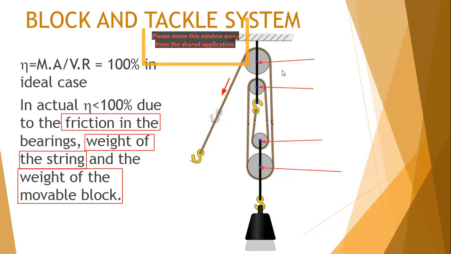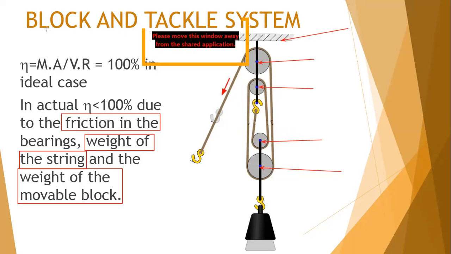Why? Because the weight of the upper block is taken care of by this rigid support. So this rigid support is bearing the weight of the upper block, but the lower block is being lifted, so the weight of the lower block is added to the load.